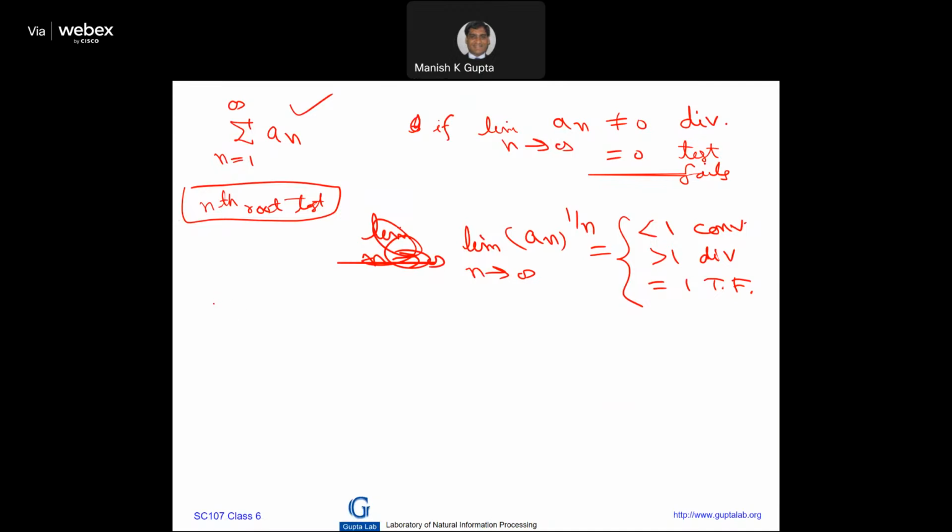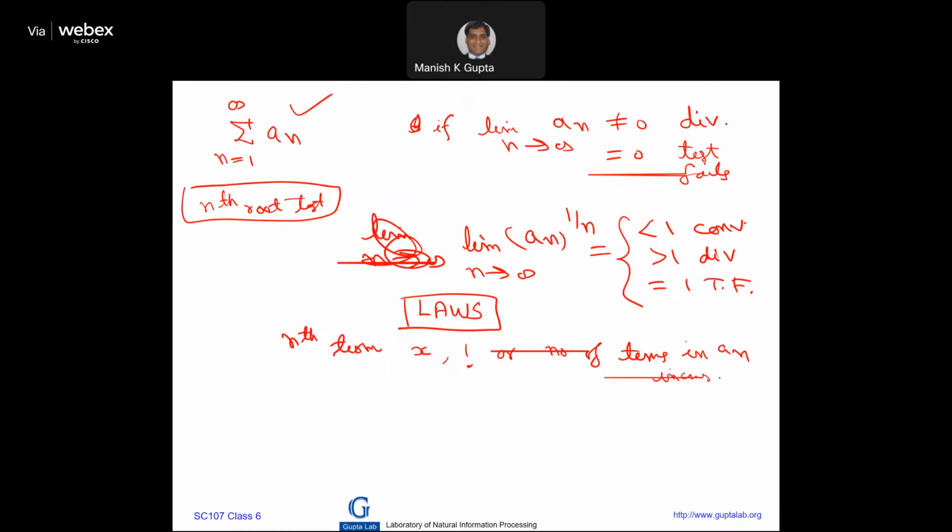Now there are a couple of laws which I want to mention. If the nth term contains x factorial, or the number of terms in An increases with n, then we apply what is known as the ratio test.